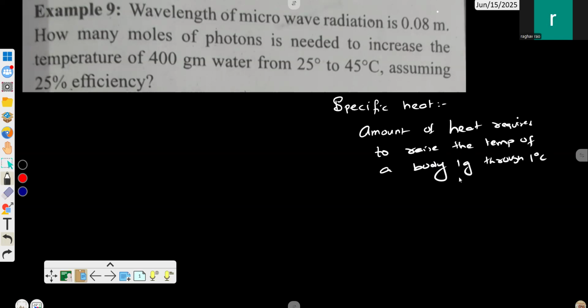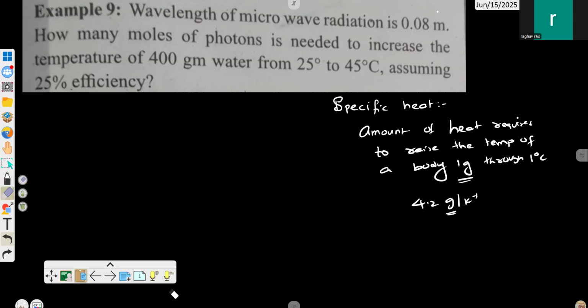Okay, this is called specific heat. So this gram or kilogram depends on the units that are given. If it is given as 4.2 joule per gram per Kelvin, that means for 1 gram, 4.2 joules of energy is required. Okay, fine. So that is called specific heat.